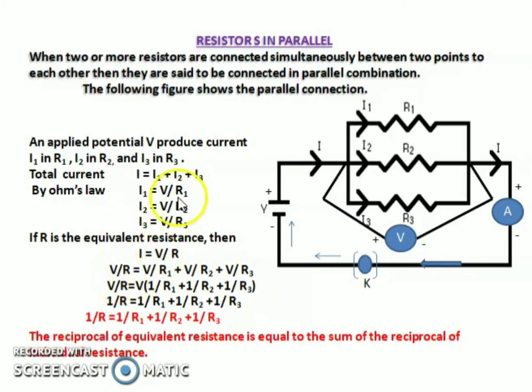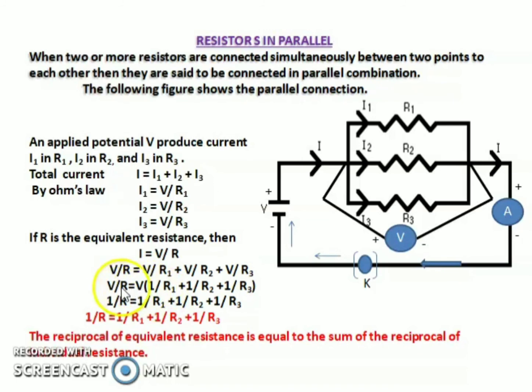Put this in the equation I is equal to I1 plus I2 plus I3. So V upon R is equal to V upon R1 plus V upon R2 plus V upon R3. Here V is common, so we can take V outside: V times (1 upon R1 plus 1 upon R2 plus 1 upon R3).